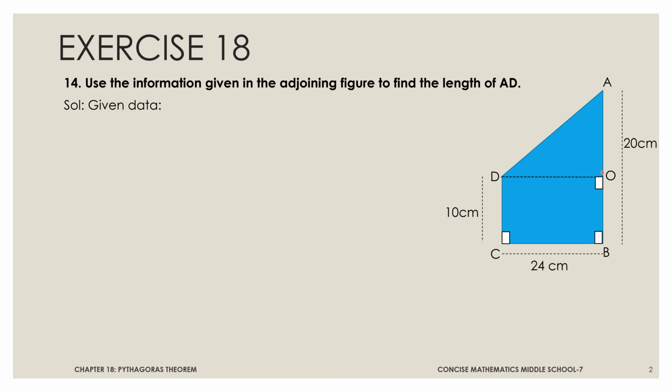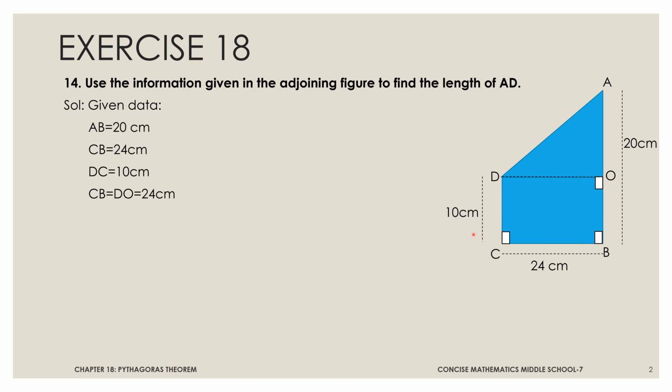First let's write the given data. See, AB, that is the complete length from A to B, is 20 and C to B is 24 centimeter, D to C is 10 centimeter, and look at this carefully, you can see a small box on all the three corners, right?